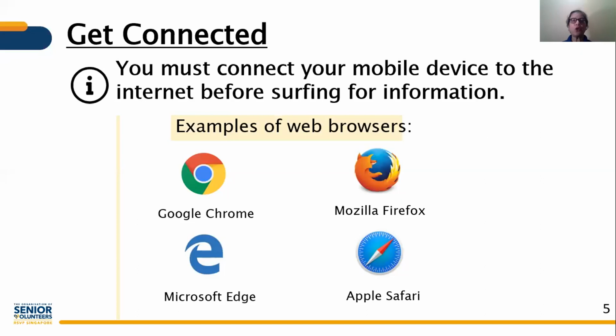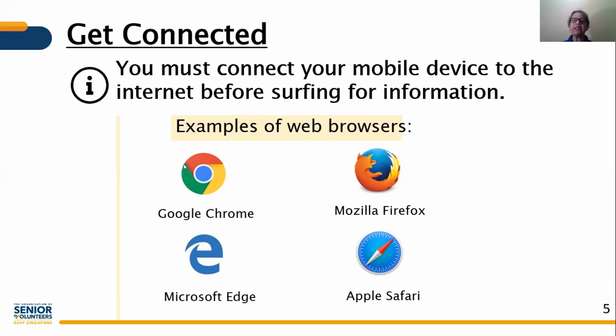Before you can go into any apps, you need a web browser. For example, when you buy a computer with Microsoft, they will give you Microsoft Edge. This is one of what we call the web browsers. I will show you.